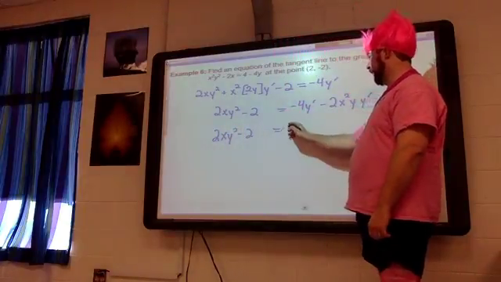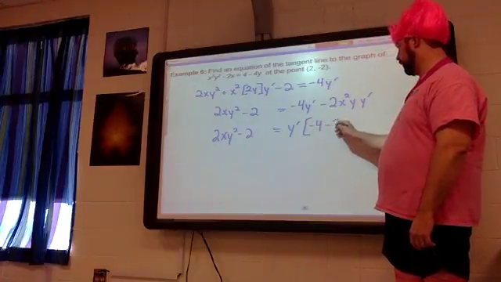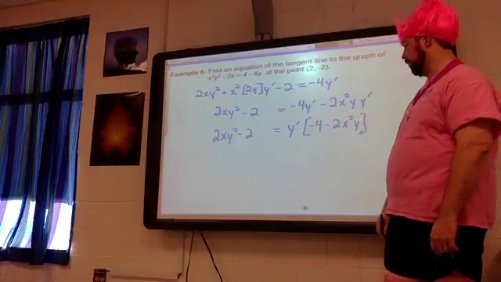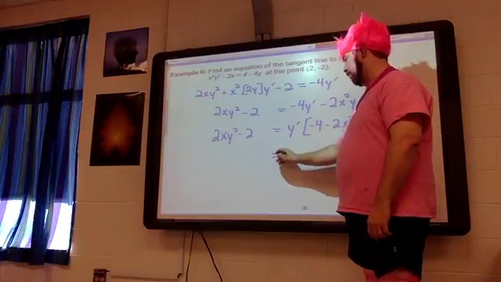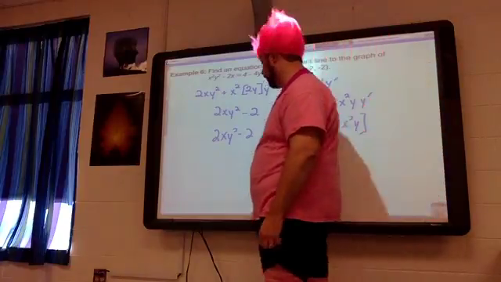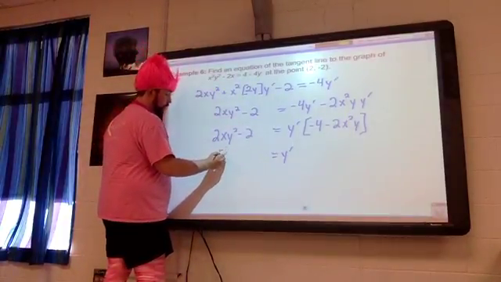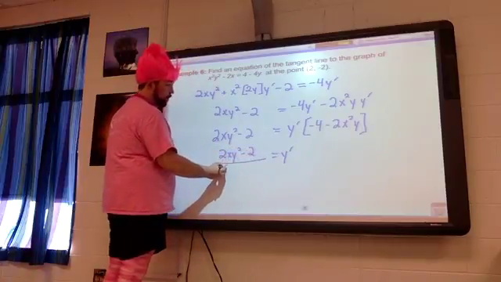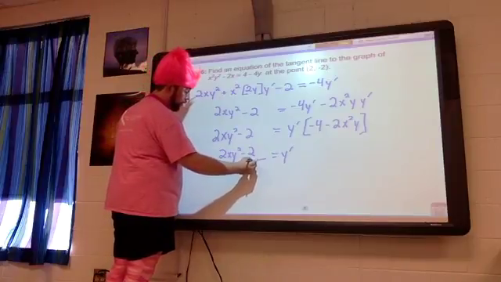This side I take out a y prime, negative 4 minus 2x squared y, and then divide it over. So y prime is equal to 2xy squared minus 2 over negative 4 minus 2x squared y.